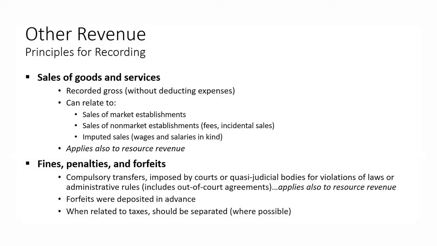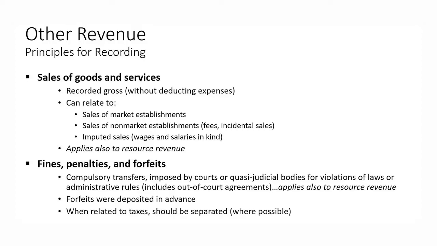Fines, penalties and forfeits, compulsory transfers imposed by courts or quasi-juridical bodies for violations of laws or administrative rules. So that's the difference from a tax. You have to go to a jurisdictional body, and you have to pay this for a violation of laws.